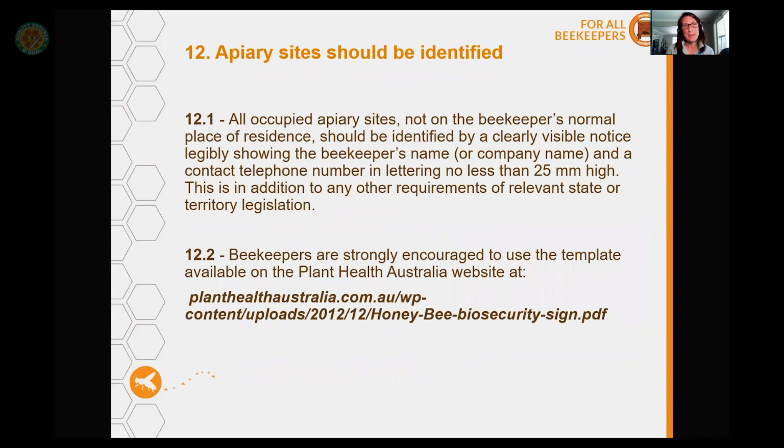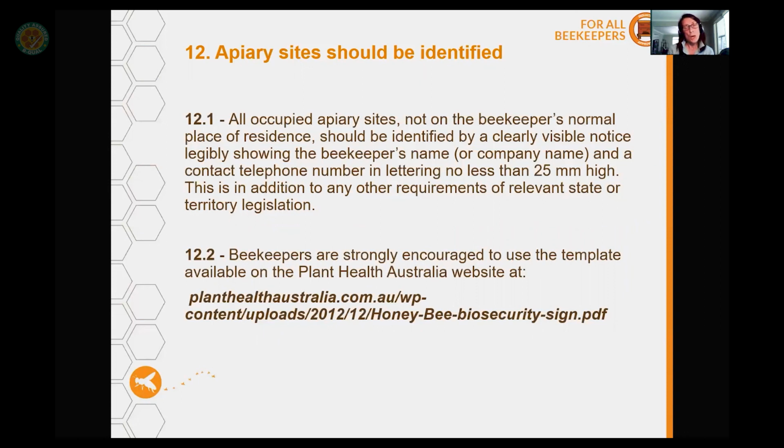Number 12. Now, this is a recommendation that apiary sites should be identified easily, with clear visible signage bearing contact details and phone numbers. It'll enable beekeepers to be contacted very quickly in the event of a natural disaster or emergency.